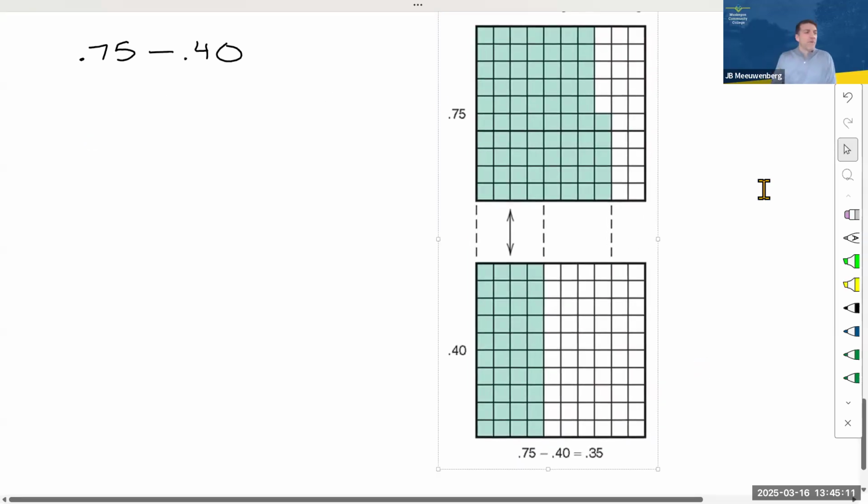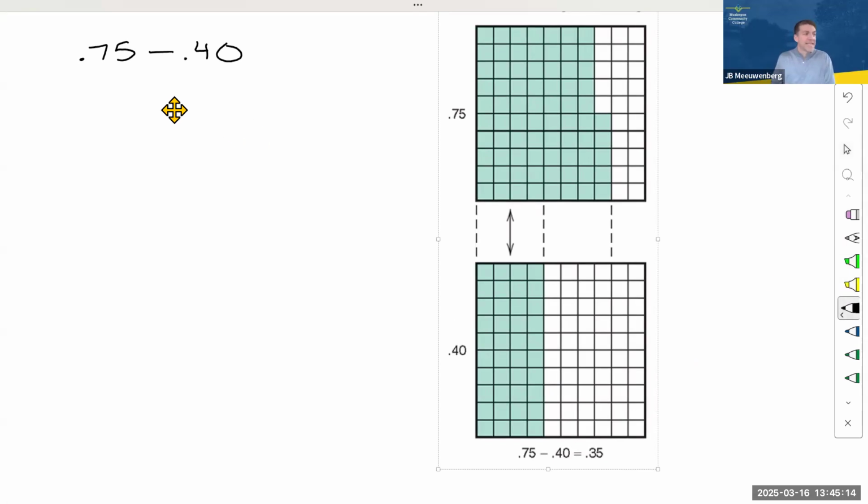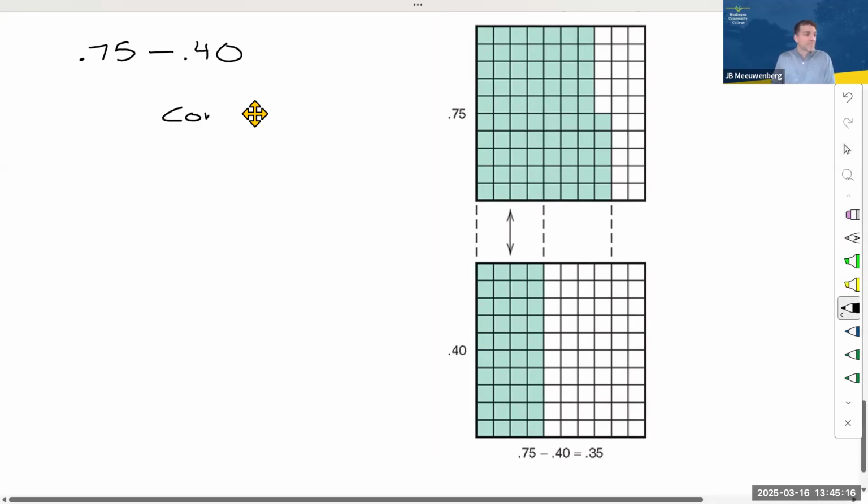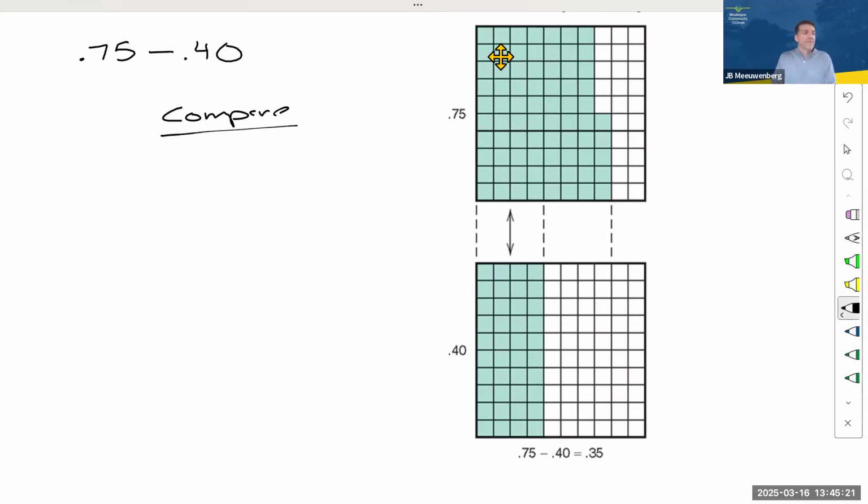And if we first think about the comparison approach, which is our second concept, we compare the two numbers. 0.75 is the entire shaded region on top. 0.40 is the entire shaded region on the bottom. And so with the comparison concept, we're saying how much bigger is this one than this one? And so we can line up these dotted lines, and we see that what we're looking for is this amount right here.